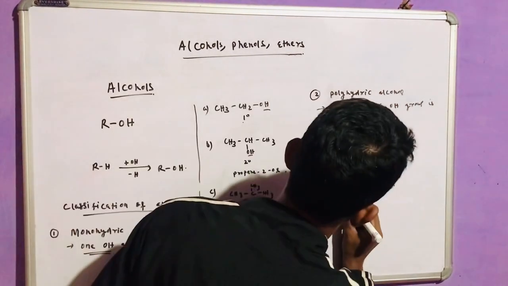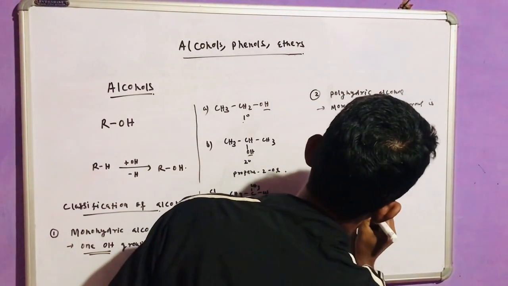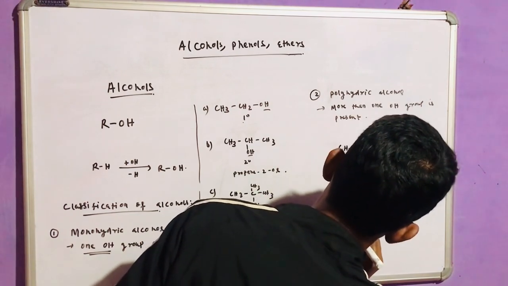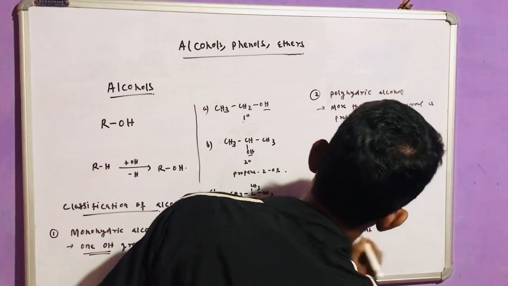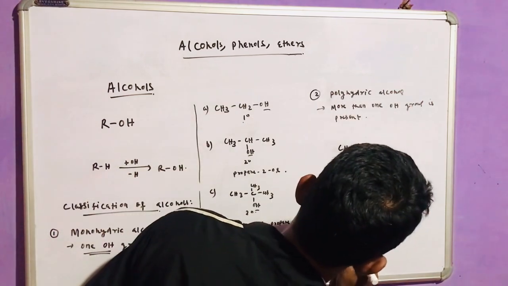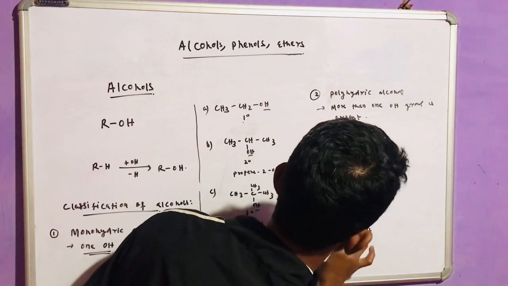Like if 3 OH groups are present, that is propane-1,2,3-triol. Methane, ethane, propane.